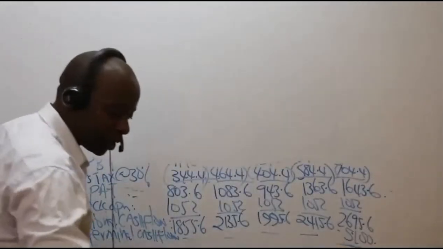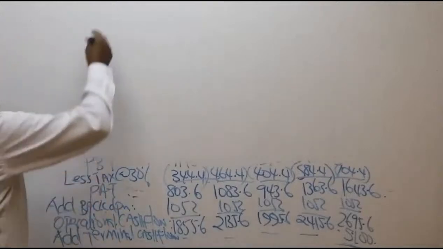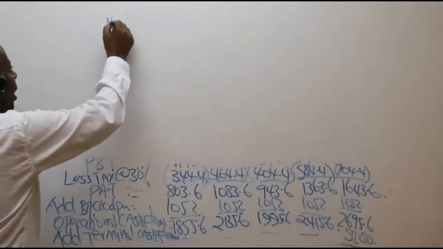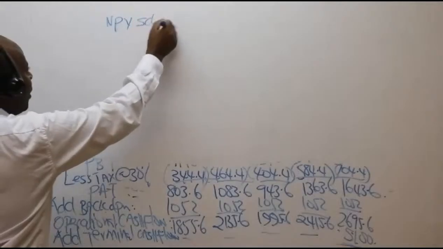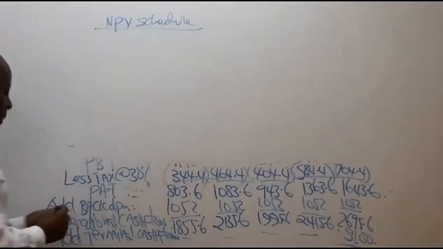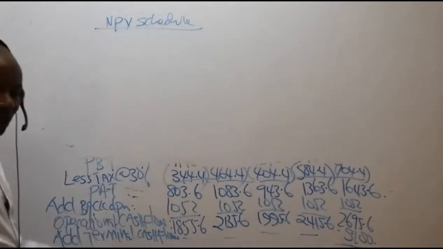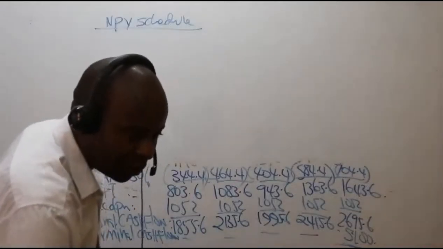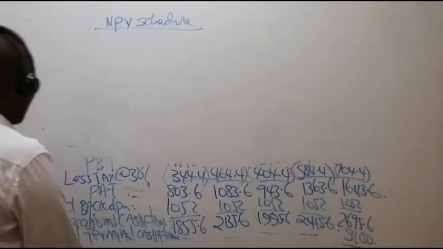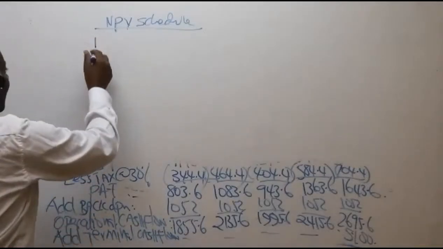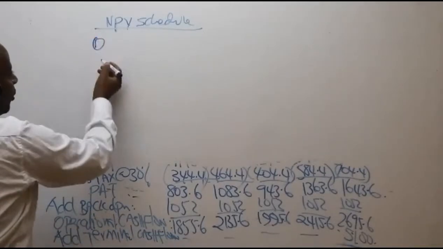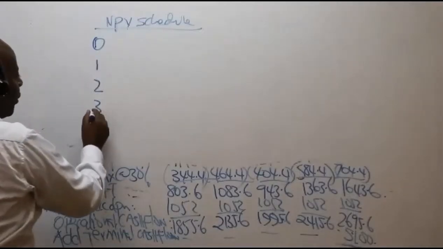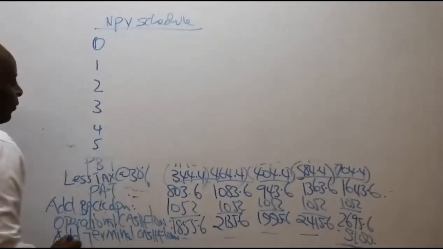Thank you very much. So in this case, ladies and gentlemen, now we have our net present value schedule. I have year 1, actually you can even begin from year 0. Year 1, year 2, year 3, year 4, year 5.